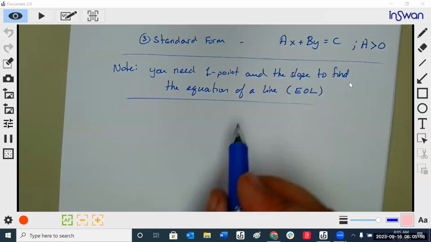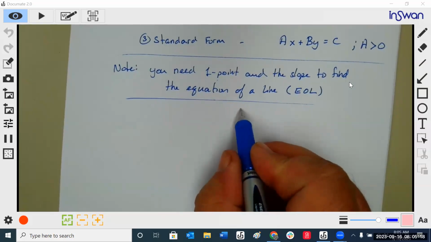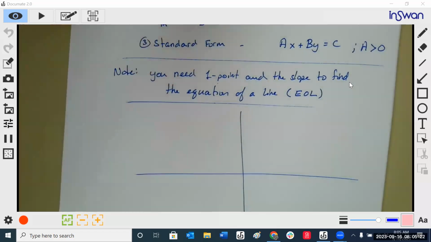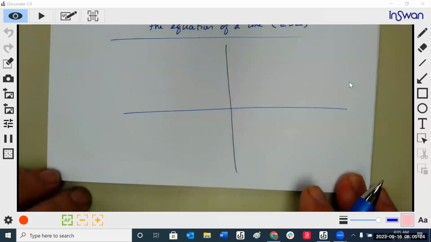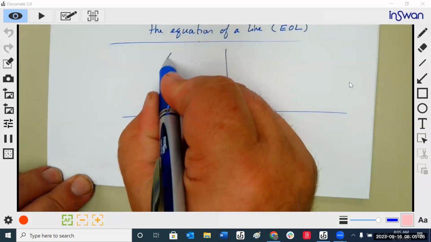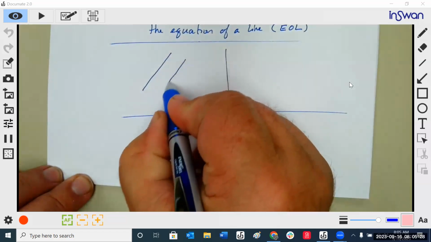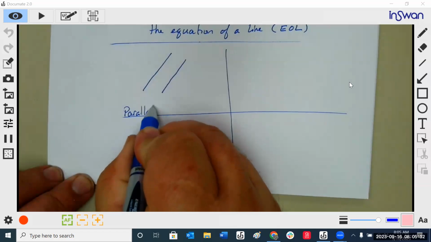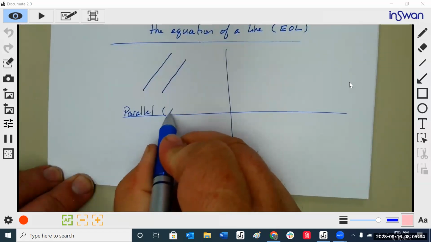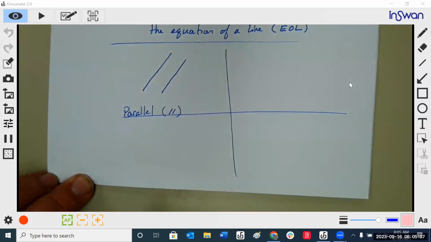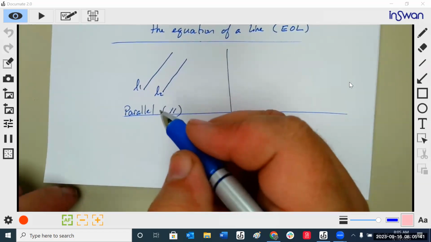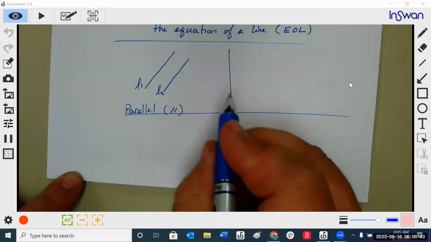Also, we introduced a discussion on parallel. We talked about if 2 lines are parallel, for abbreviation purposes, we'll simply use that little symbol. This is line 1, this is line 2. How can you tell if 2 lines are parallel?